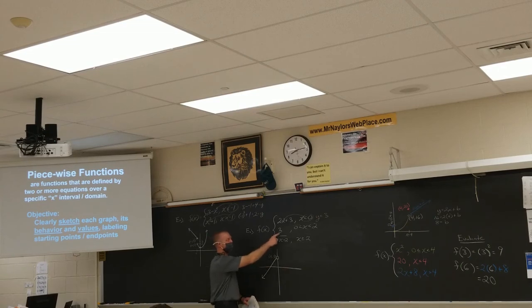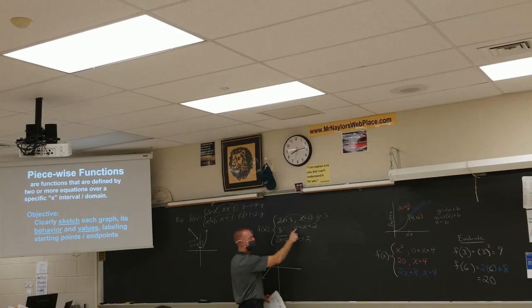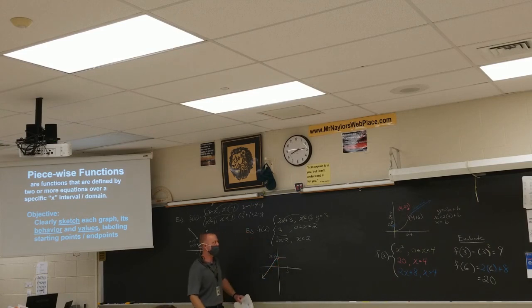Now 3 is an equation, but this time it's an equation that lasts from 0 to 2. So if it lasts from 0 to 2, then it's going to be a horizontal line. I think we can just draw that right away.